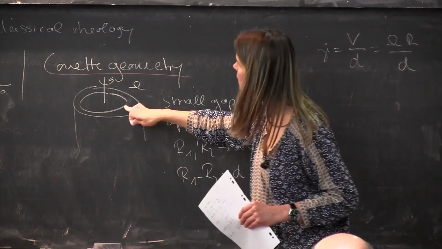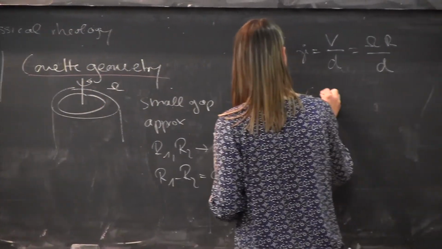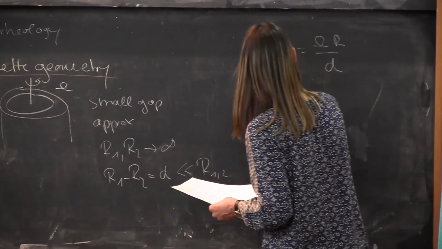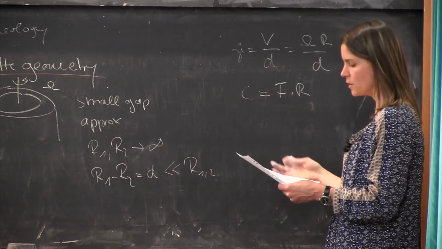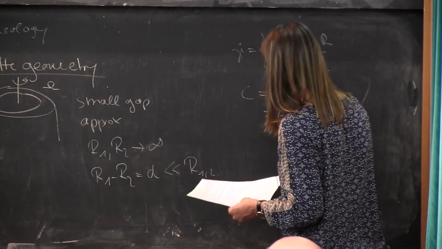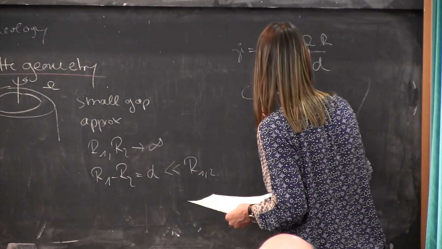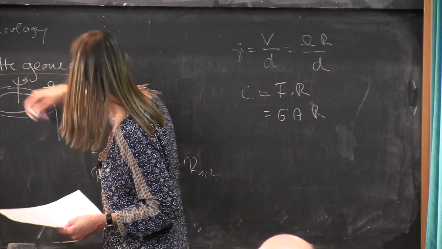The next thing we need is to link the torque to the stress. The torque is a force times the distance on which you apply the force. The force is the stress times the surface, and the surface in this case is the inner cylinder.